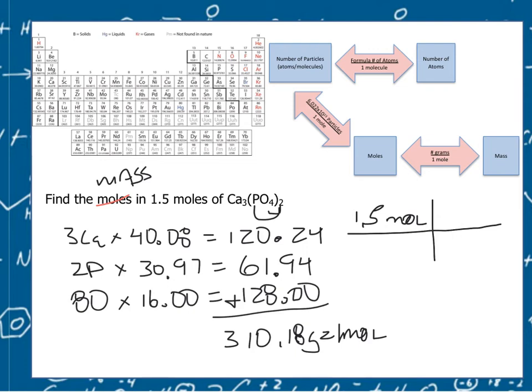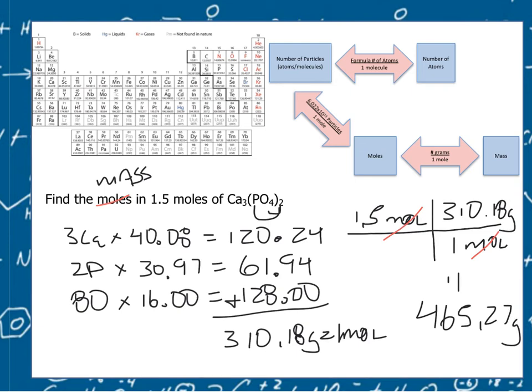In this case, I need the moles on the bottom to cancel, so I'm going to put the 310.18 grams per 1 mole. Moles cancel. I'm going to multiply to get my answer, and my answer is 465.27 grams.